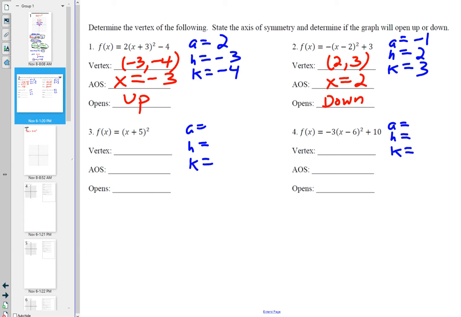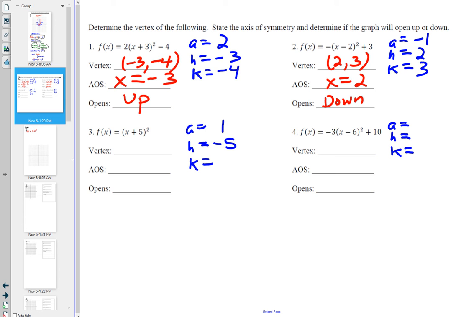Ruben, do you want to tell me a, h, and k for the next one? Okay. How about JG? You want to tell me a, h, and k for number 3? a is 1. Good. h is -5, that changes sign.